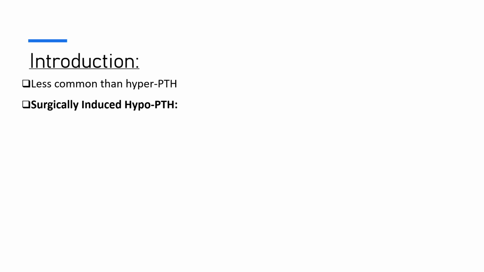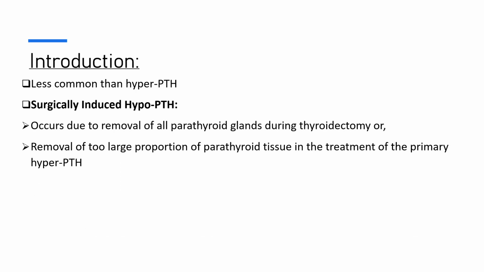Another situation is when a person suffering from hyperparathyroidism undergoes removal of a large portion of the parathyroid tissue, and later on may suffer from hypoparathyroidism. So this is the concept of surgically induced hypoparathyroidism.